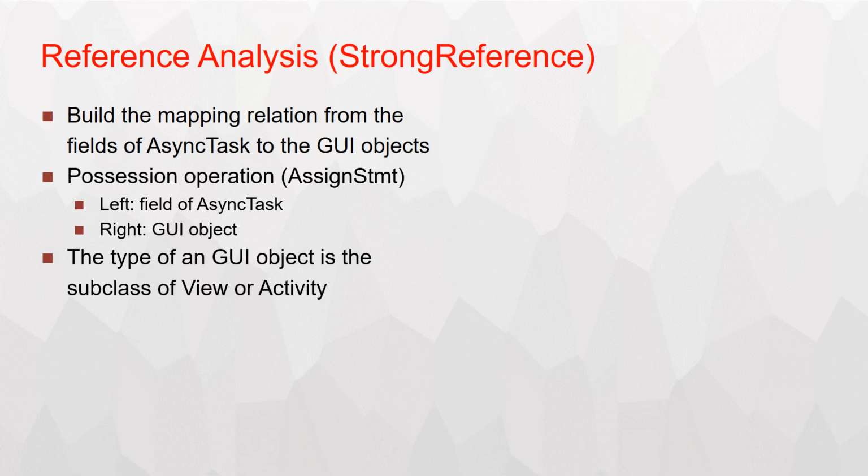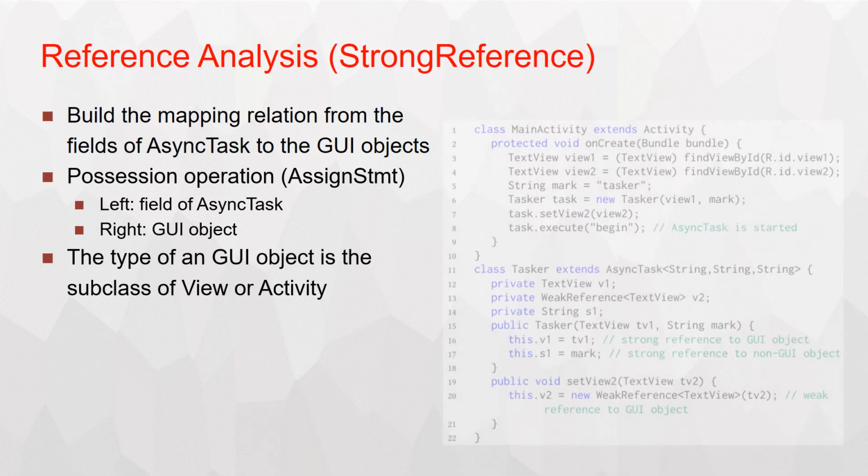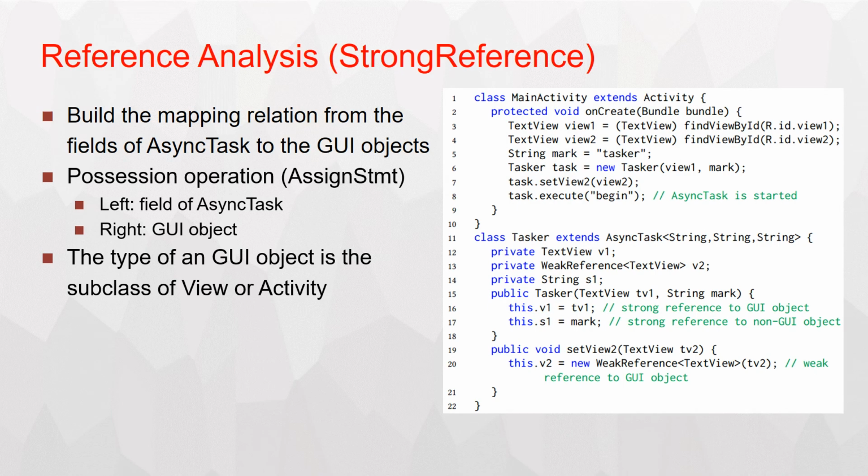The type of a GUI object is the subclass of view or activity. Here we use an example to show the mapping relation. In line 6 and line 7, we define an async task object and pass 3 arguments to it. Now it holds strong reference to GUI object through V1.